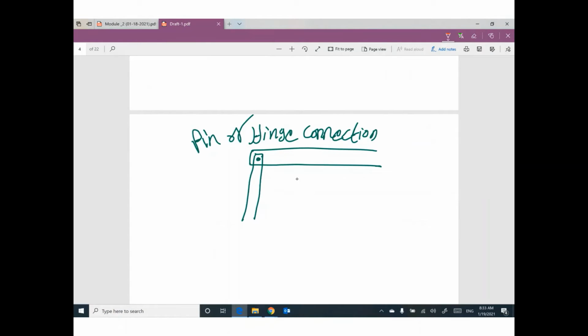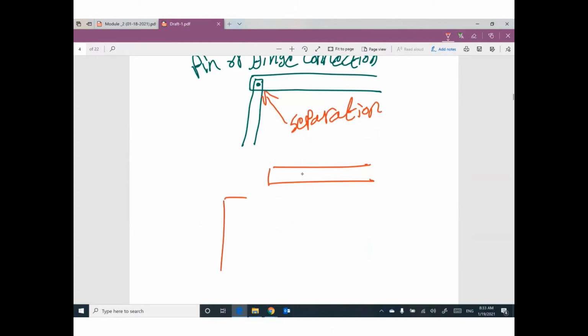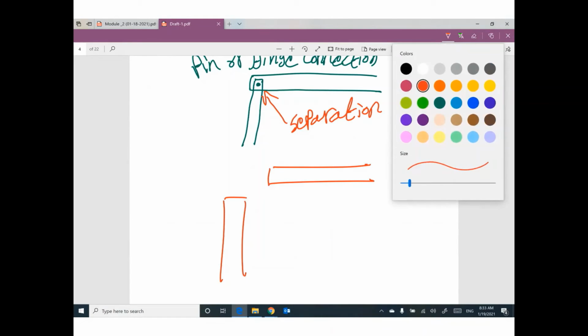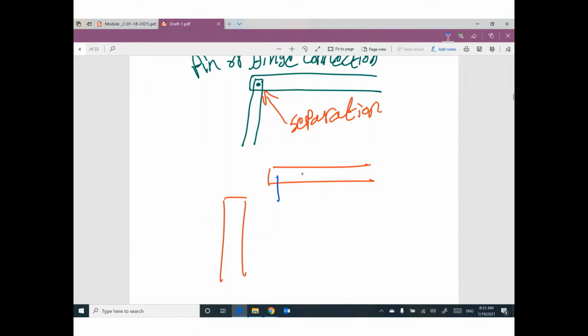I can do separation at this location, this part alone and this part alone. Make sure at this separation we have two reactions. The horizontal one will be the same value but opposite direction here. The vertical one will be the same value but in opposite direction.